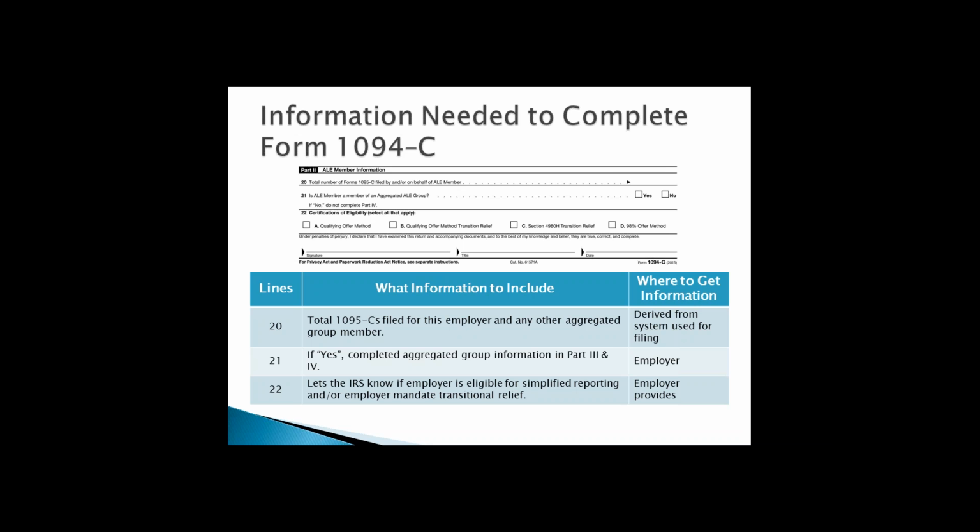If that applicable large employer is a member of an aggregated applicable large employer group, they will need to check the yes box and complete the group information in Part 3 and 4. So this is on line 21. If they are not part of an aggregated group, they will move on to Part 4 of the form. Just to review, aggregated groups are employers with common ownership or that are part of a controlled group.